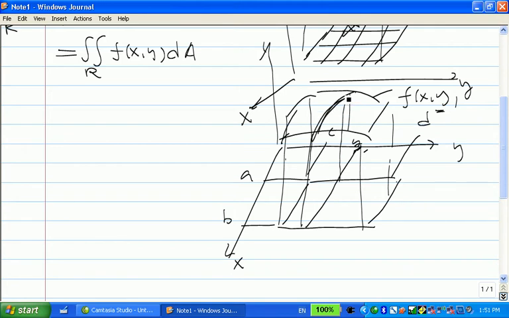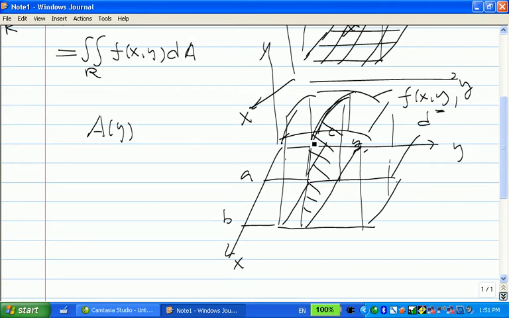So you get something like this. Okay. Now, this area we call A(y). For different y, you get a different area as I shaded. Okay.